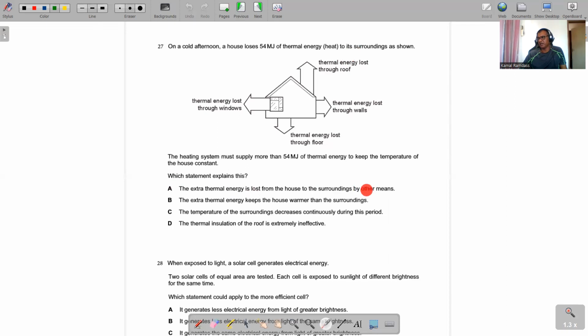Bon, ça, c'est une raison valide. The extra thermal energy keeps the house warmer than the surroundings. No. The temperature of the surroundings decreases continuously during this period. I don't know. The thermal insulation of the roof is extremely ineffective. Ça aussi, nous pas connaître. Déjà ineffective même. OK? Quel raisonnement nous capable de dire? The extra thermal energy qui nous est produite, OK? Et is lost from the house through other means, OK? Capable depuis la tuyauterie, etc. OK? Et A, c'est la réponse.